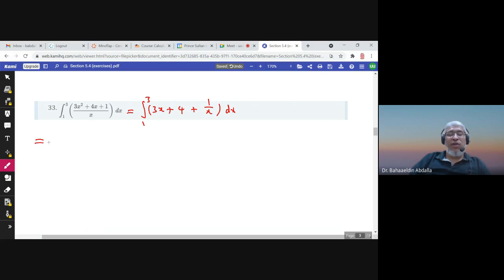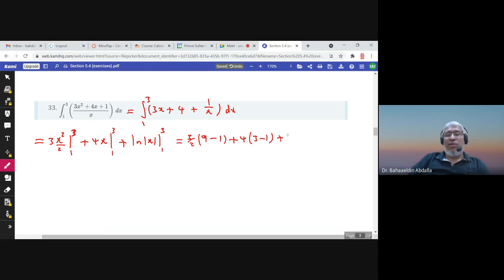So the integral of 3x is 3x squared over 2 from 1 to 3, plus the integral of 4 is 4x from 1 to 3, plus the integral of 1 over x is ln absolute value of x from 1 to 3. So it would be 3 over 2 times 3 squared, which is 9, minus 1 squared, which is 1, plus 4 times x, I replace it by 3 minus 1.